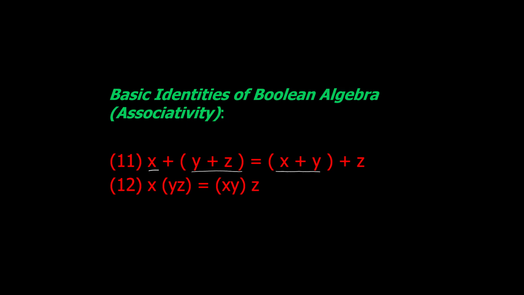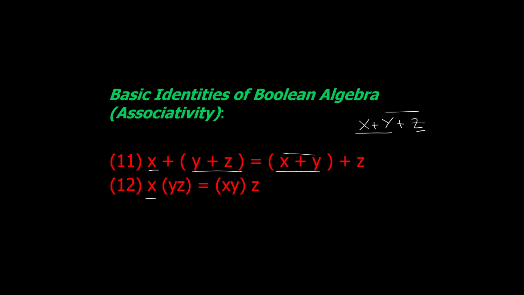If you have the addition of these three terms, x plus y plus z, you can add x plus y first, then add z. Or if you want to add y plus z first, then add x, you can do that. Here we are adding y plus z first, then x. That will be equal to adding x plus y first, then z. So this is the associative property of Boolean algebra.